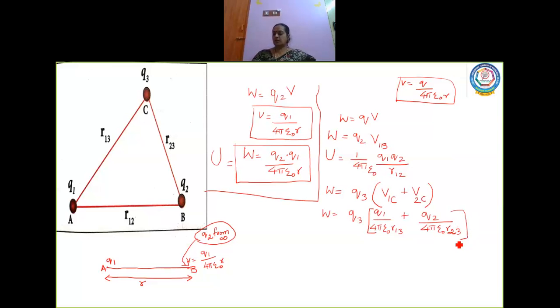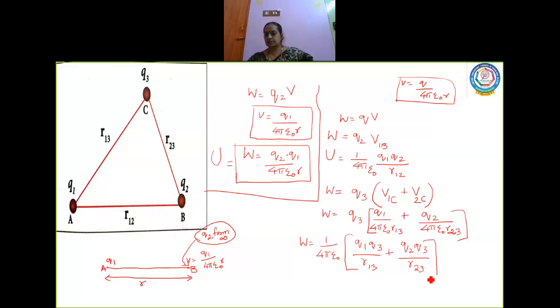Is it clear? Now I bring the common term outside. W is equal to, which is a common term, 1 by 4 pi epsilon naught. Inside I have Q1 Q3 by R13 plus, again, Q2 Q3 by R23.